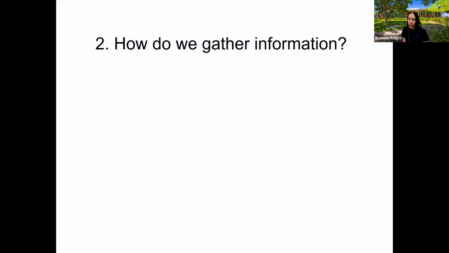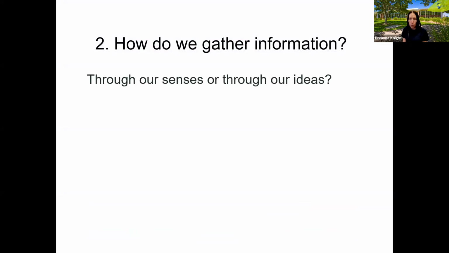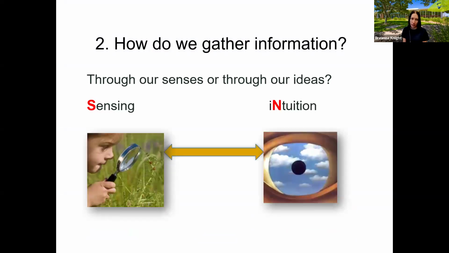Okay, clearing all of these ones. Our next question is how we gather information. So this one might look a little bit familiar. Do we do it through our senses or through our ideas? And this is our sensing and intuition scale. So just with that little bit of information, pop on your little sticker on the scale where you think you are.